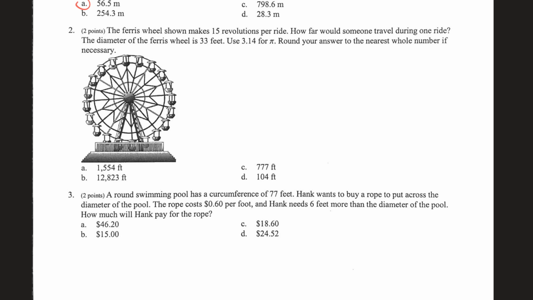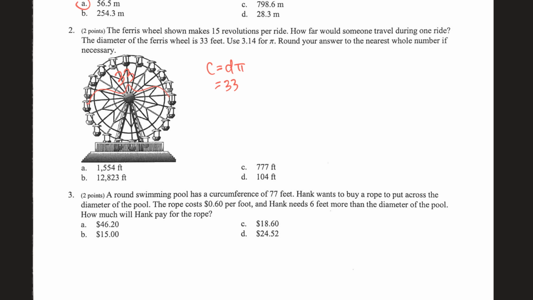I'm going to use again the circumference is equal to the diameter times pi, and the diameter is given to us as 33. The reason I'm taking the circumference is because a revolution is one turn all the way around, and one turn all the way around is equal to the circumference.